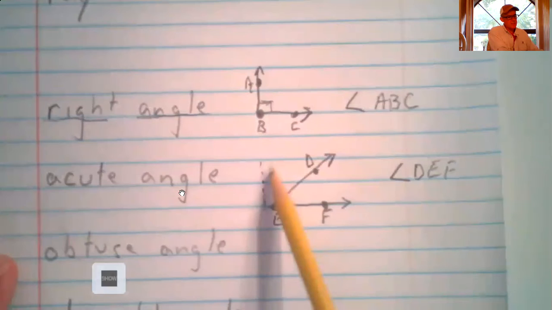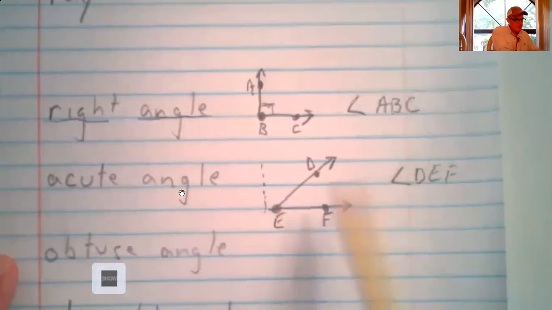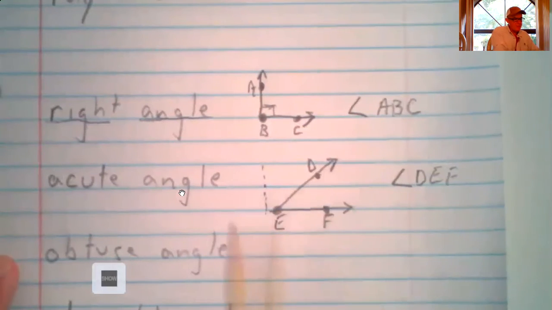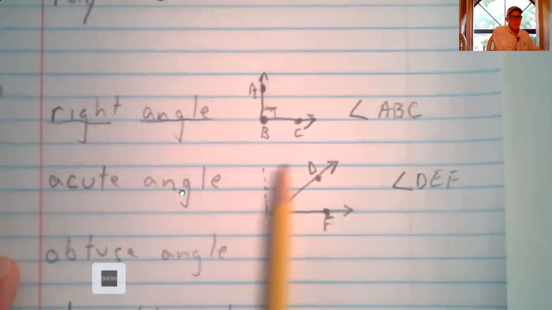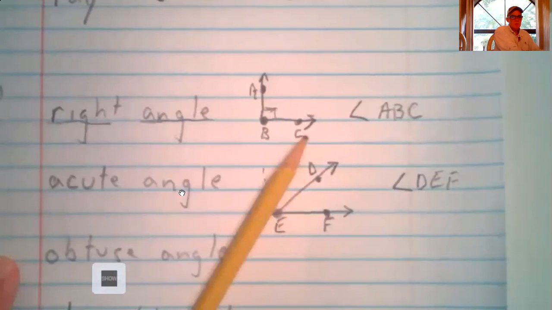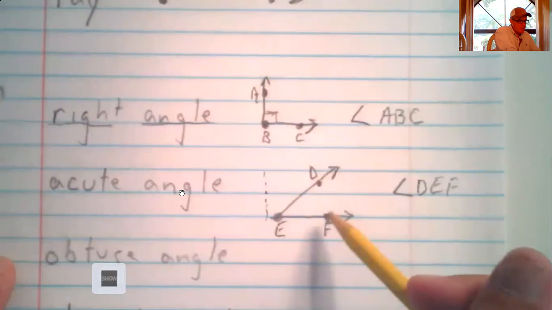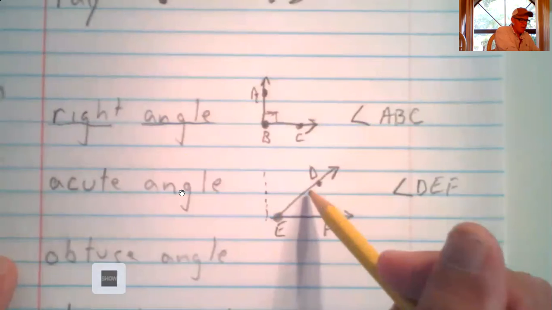Now, why did I write this little imaginary line right here? Because we are talking about D, E, and F. If you notice, it started out like this, and then the angle got smaller and smaller. If I started right here at F, and I wanted to make a right angle, I'd come around, oh, I'd block it right there.